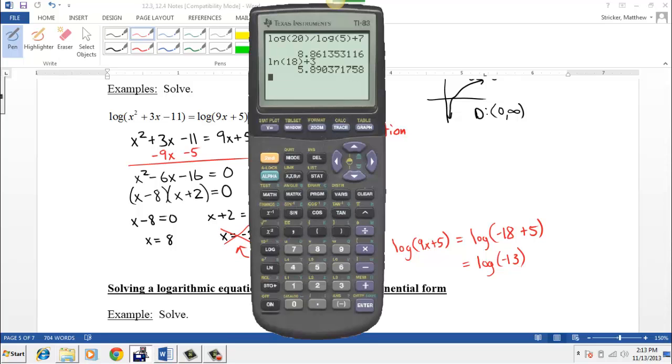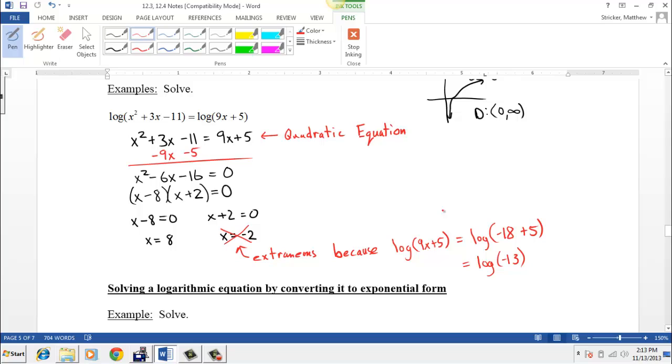If you try to put the log of negative 13 in your calculator, you get an error. It's not real. So we'll throw that answer out. The other one, the positive one, works out fine. So we just have x equals 8.